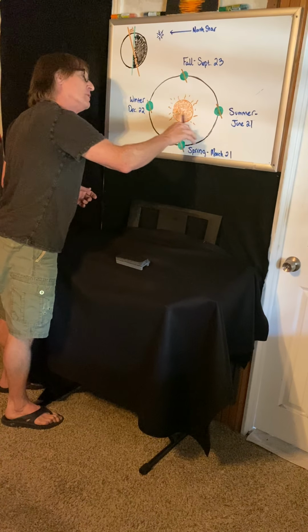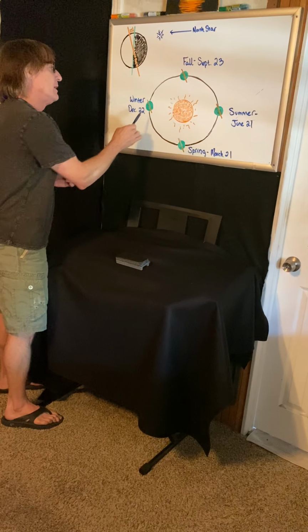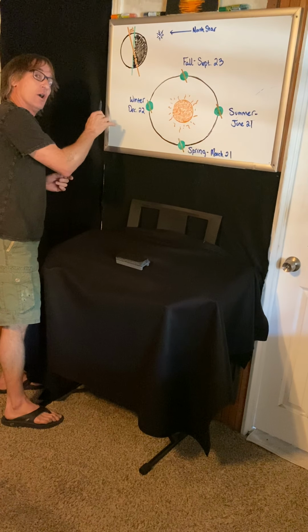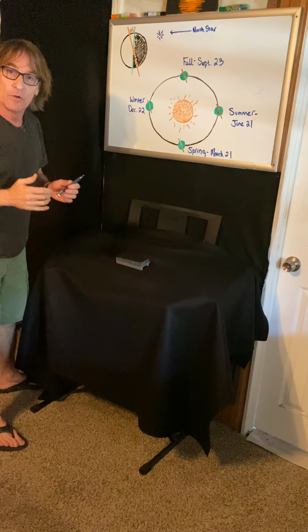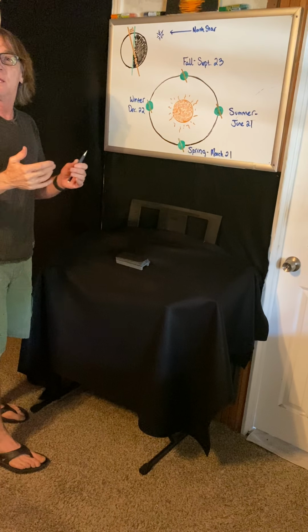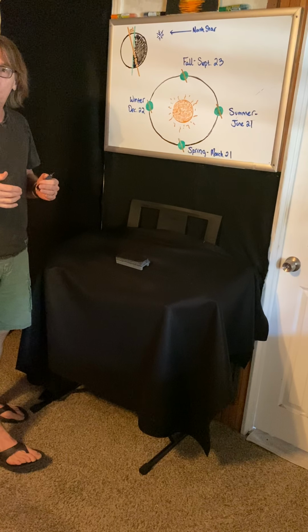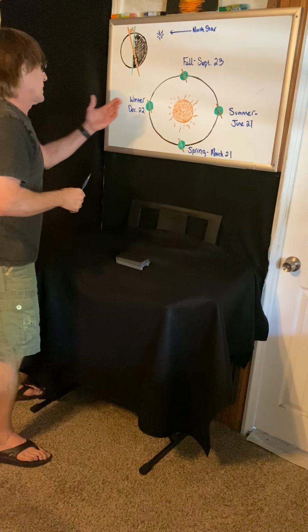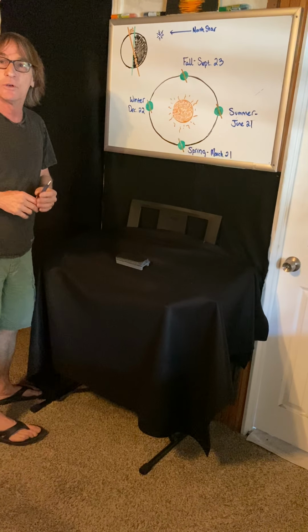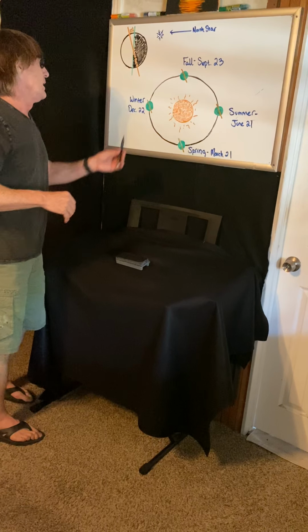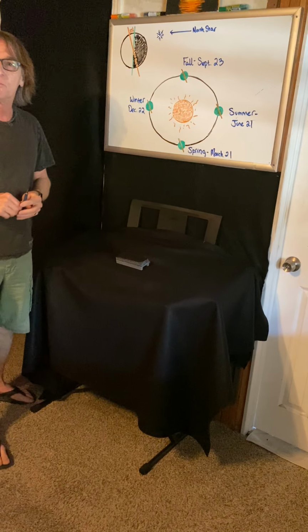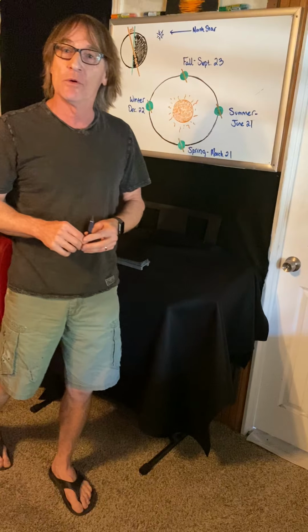In the summer, we were facing toward the sun, and in the winter, we're facing away from the sun. If you're facing away from the sun, that means you're getting less direct light, less direct heat. Okay? So less direct heat means, of course, that it's cooler. In the winter, we know it's cooler. And it's also true that we experience fewer daylight hours.